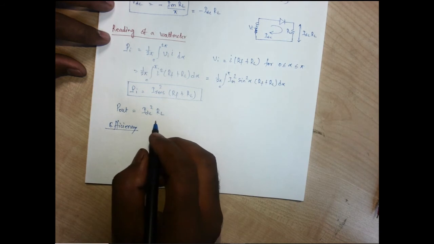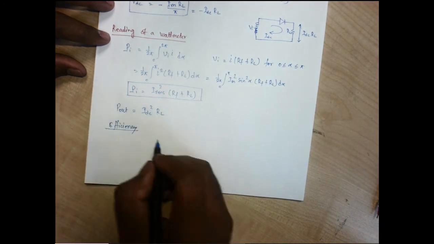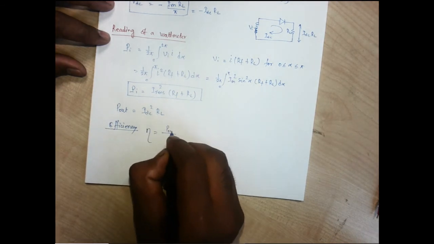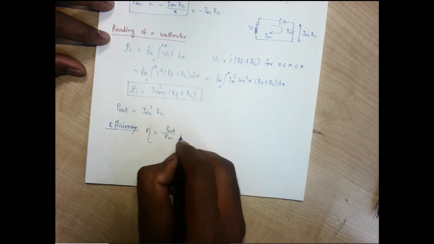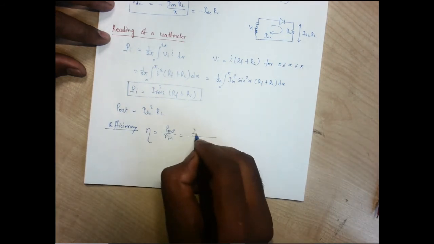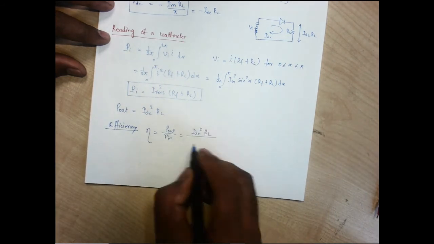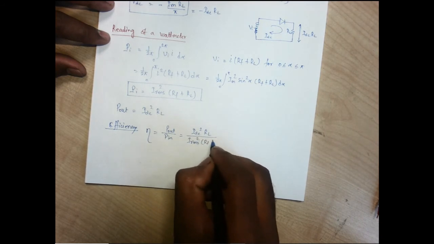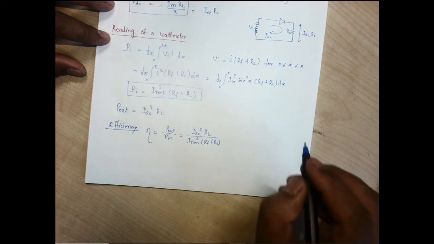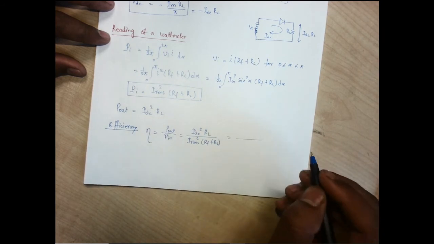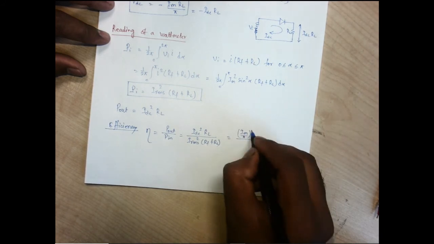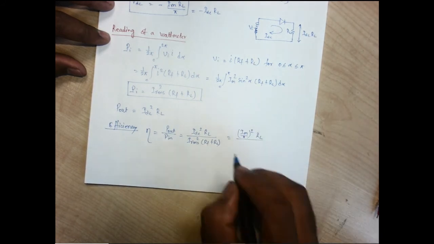Efficiency eta is the ratio of the output power to the input power, P out by P in, that is IDC square RL by I RMS square into RF plus RL. IDC we know is Im by pi, and IRMS we know is Im by 2.